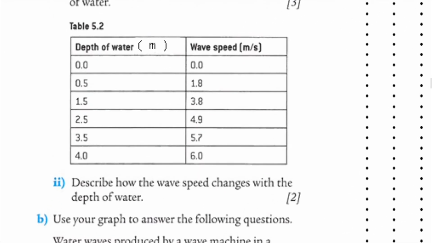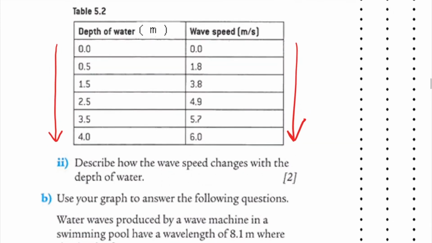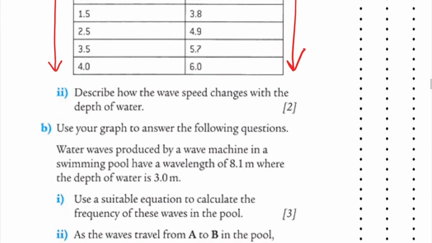And what you can see before you start plotting is that as the depth of water increases, the wave speed increases. Then the rest of the questions underneath are relating to the graph.